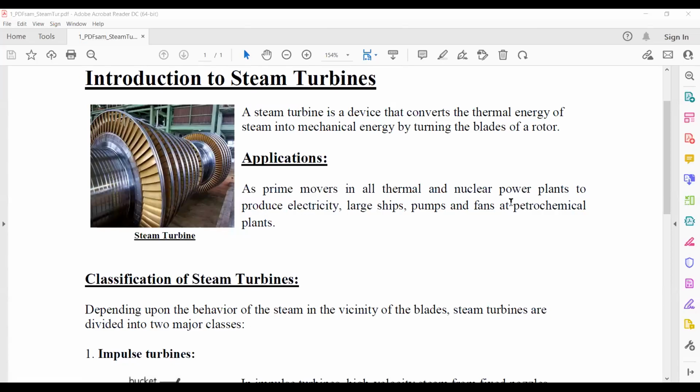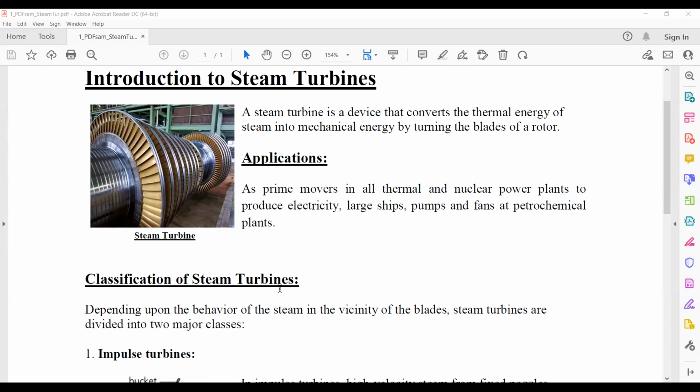So from this video, we have seen the detailed functioning of the steam turbines, the different types of steam turbines, their working, their characteristics, the pressure, velocity, advantages, disadvantages, and all that.